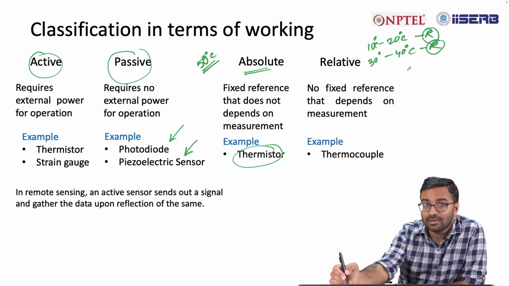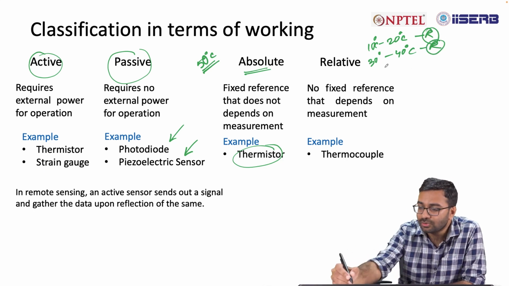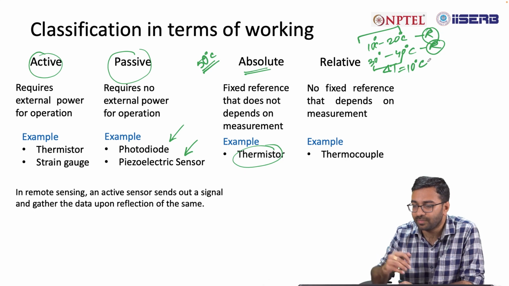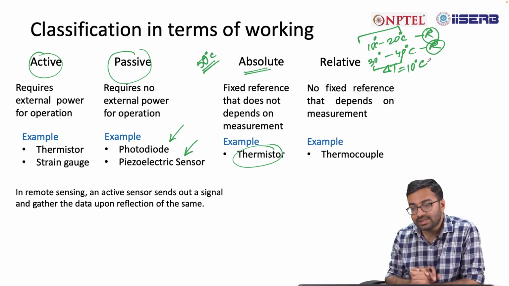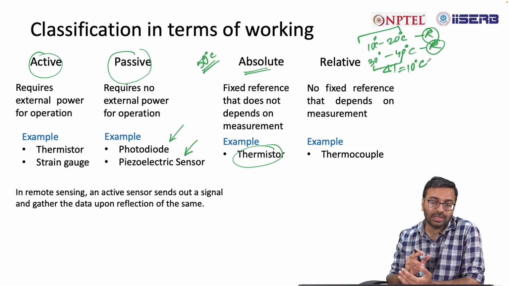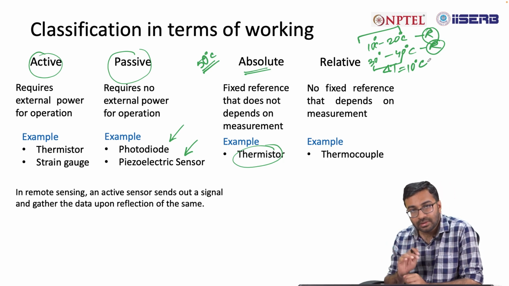So it's like you need to compare. It depends on the delta T, because in both the cases the difference of temperature, or delta T, is 10 degrees centigrade, right? So in those cases we call it a relative sensor where no fixed reference is there. Okay, so that is how we classify absolute sensor and relative sensor.